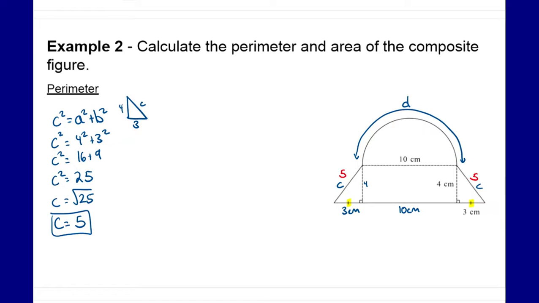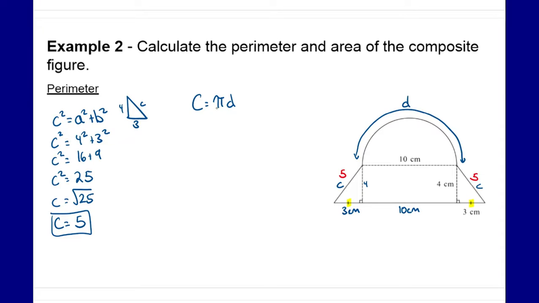Now D is going to be a little bit different. Right? D is a semicircle, or the edge of a semicircle. We do have a formula for the circumference or the perimeter of a full circle. So we think of a full circle, that circumference, which we'll call capital C for circumference, is pi times diameter, or 2 pi r.